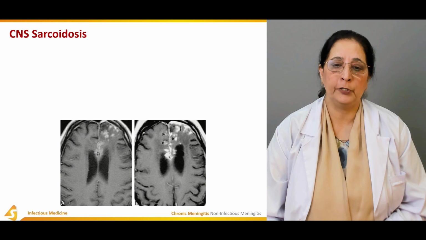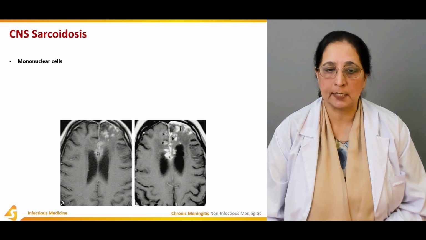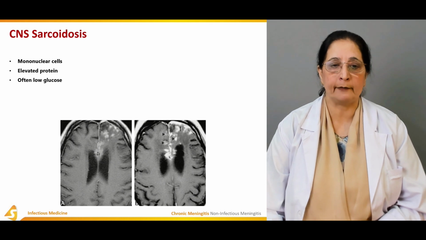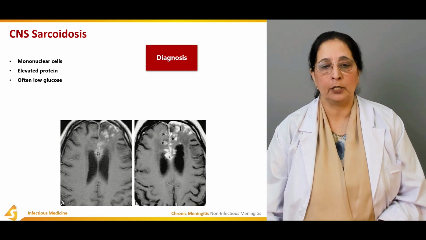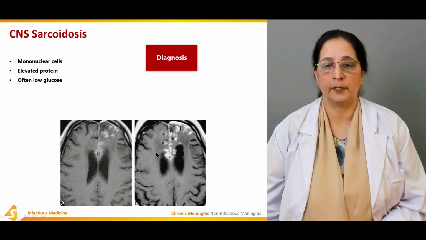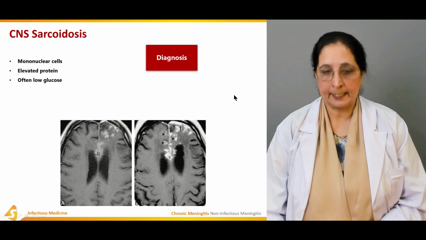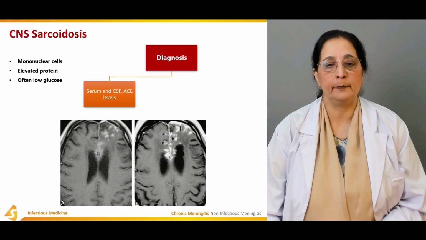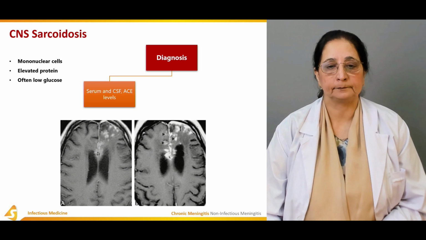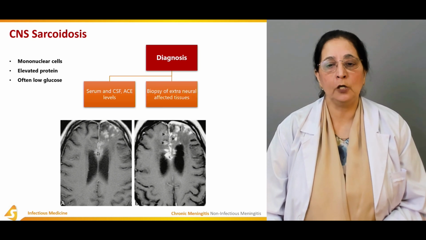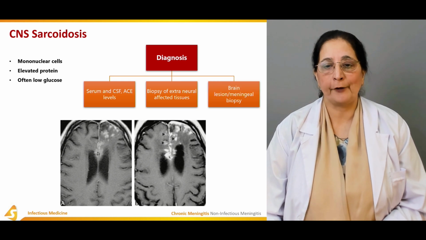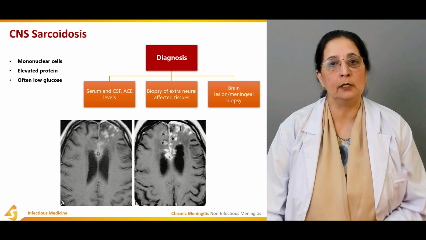CNS sarcoidosis: mononuclear cells present, elevated protein, low glucose levels. Diagnosis is by serum and cerebrospinal fluid ACE level, biopsy of extraneural affected tissues and brain lesions, and meningeal biopsy.